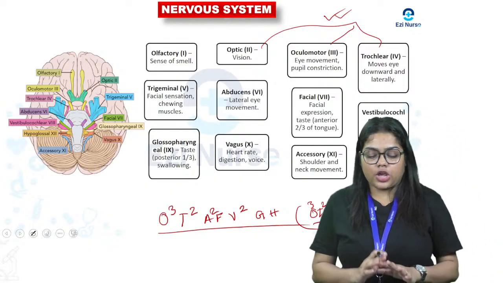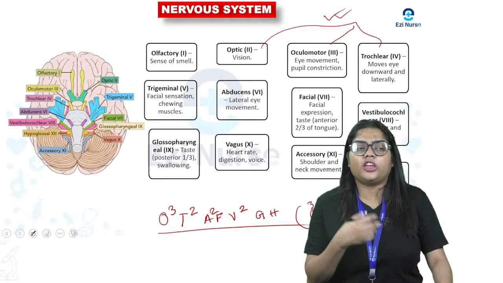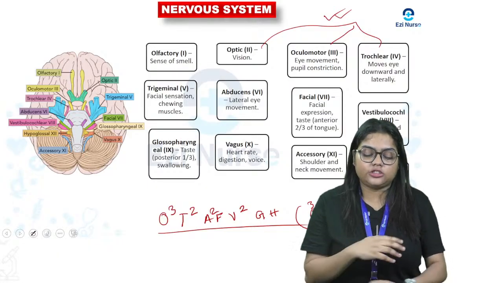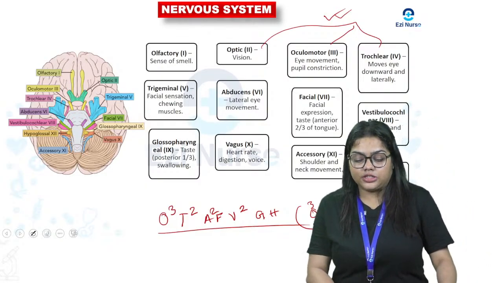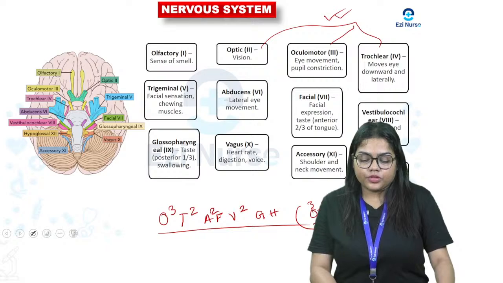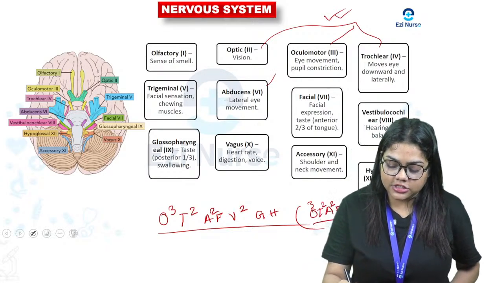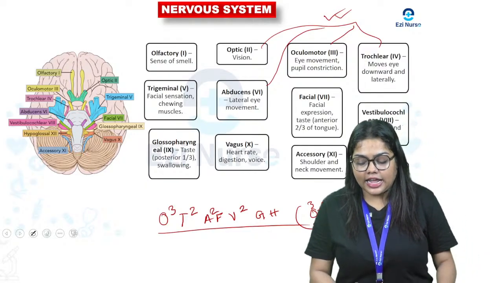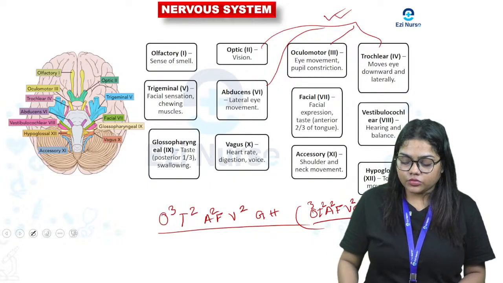Next is trigeminal, which is the facial sensation and chewing of muscles. While we are chewing, eating, or biting, it's all controlled by the trigeminal nerve. Next is abducens. What is abducens? It is the lateral eye movement. Again, this is also related to the eye. And accessory actually does the shoulder and neck movement.